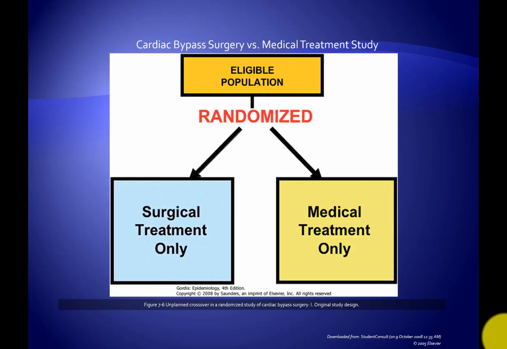In this example, we start with a defined eligible population. These are people who can receive a surgical treatment for their condition. The aim was to compare cardiac bypass surgery to medical treatment for coronary heart disease. Subjects are randomly assigned to either treatment, in this case surgery, or medical treatment only.